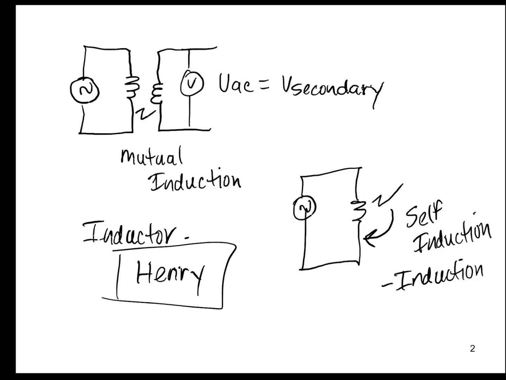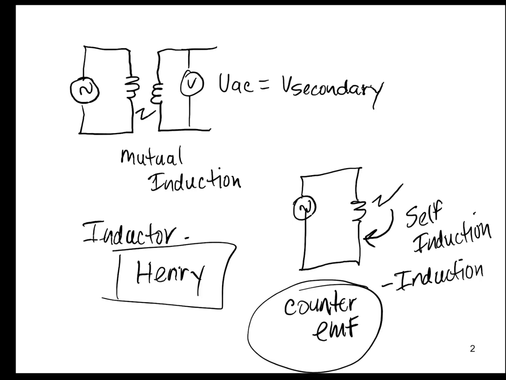So when we have an inductor in AC, its own magnetic field causes something called a counter EMF. That changing magnetic field we talked about creates a counter EMF, and that counter EMF, or voltage, is against the applied voltage, so it's a form of opposition resisting changes in current.